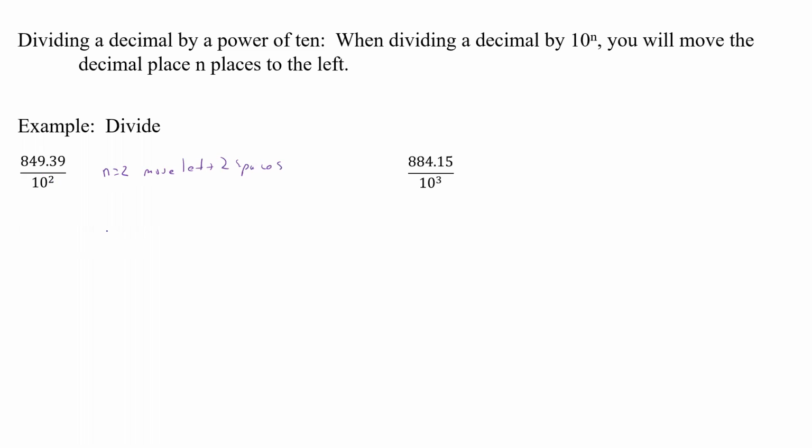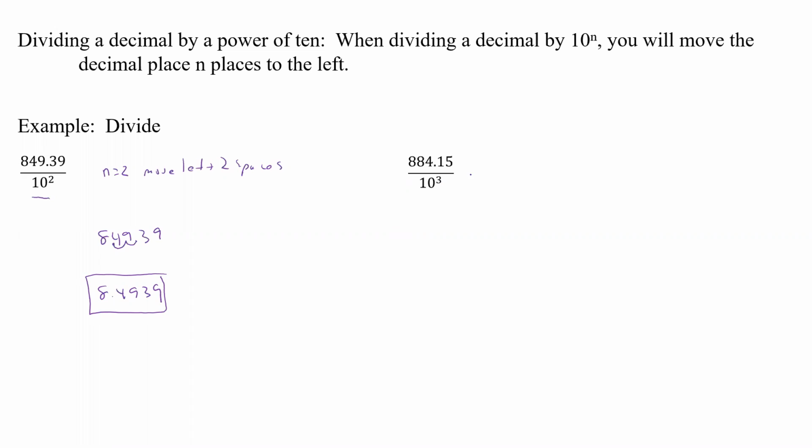And so if we go ahead and write that down here, 849.39, we're going to take this and move it 2 places to the left. So 1, 2. So now we have 8.4939. That will then be our answer when we divide by 10 to the negative 2.